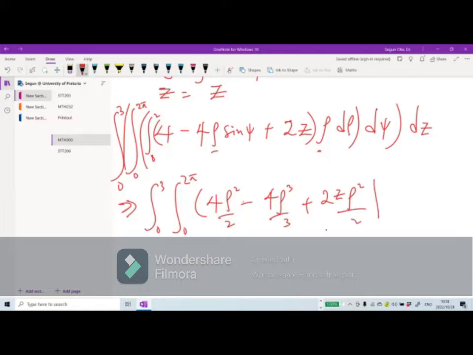The limits are 0 to 2, the psi, and the z. So this one cancels this, it means 2. This one goes with this.